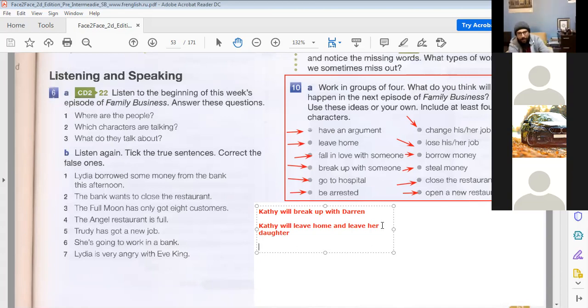The problem with the Full Moon, it didn't have enough customers, right? This was the problem of the Full Moon, which is the restaurant of Lydia and Clive, because the new restaurant, the Angel, took all the customers, right? But now the Angel is destroyed by the fire. So this is good news for the Full Moon.